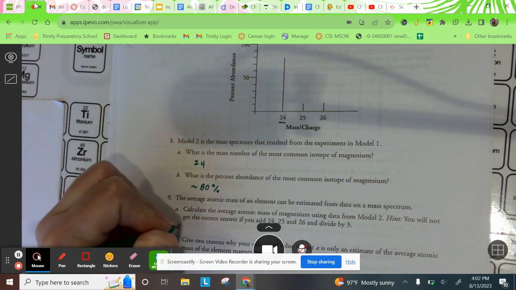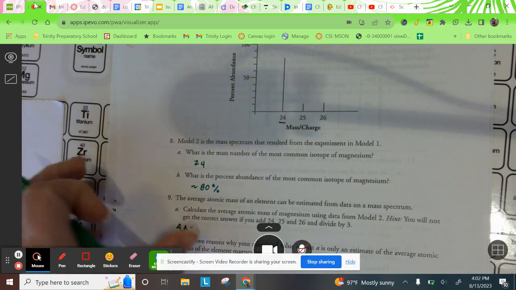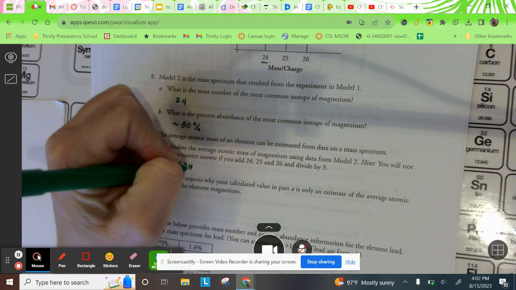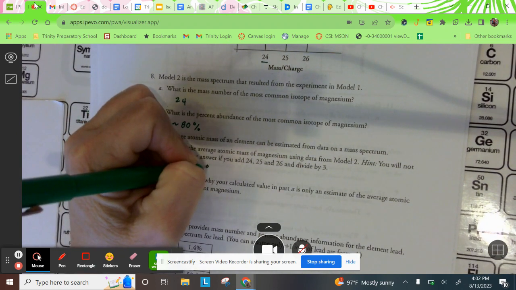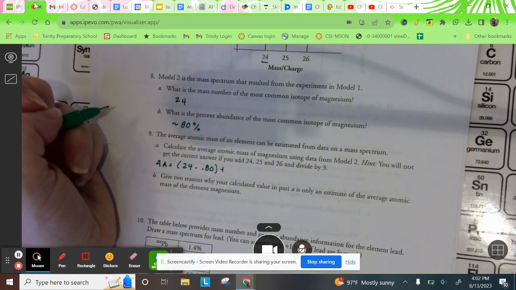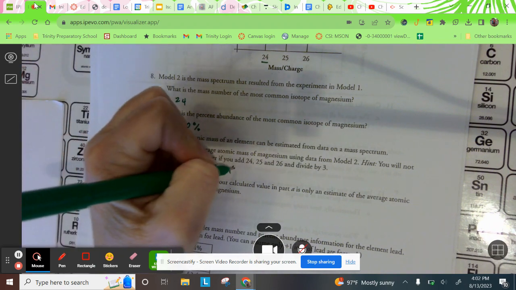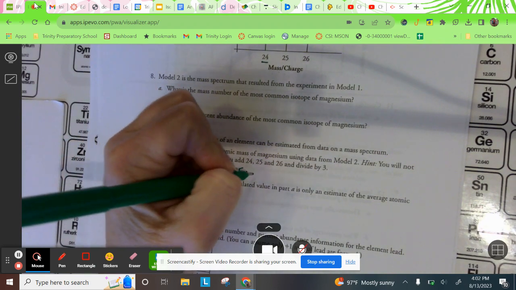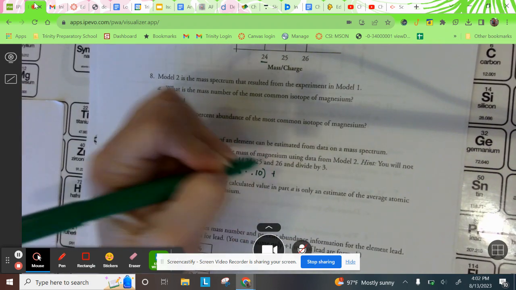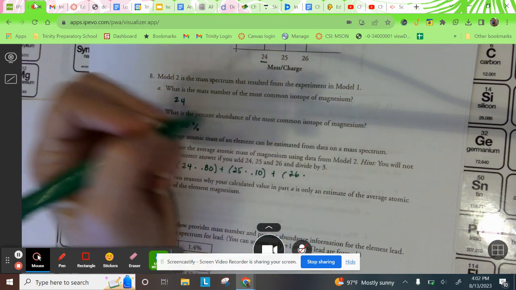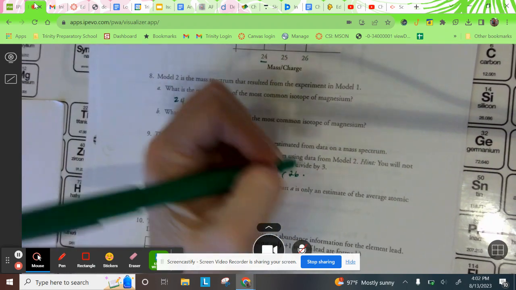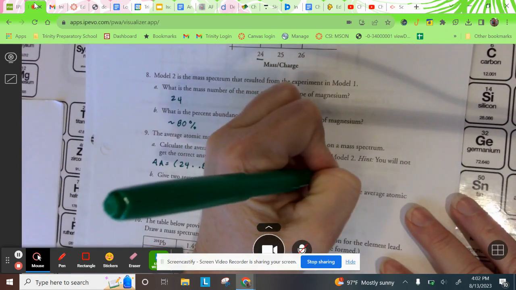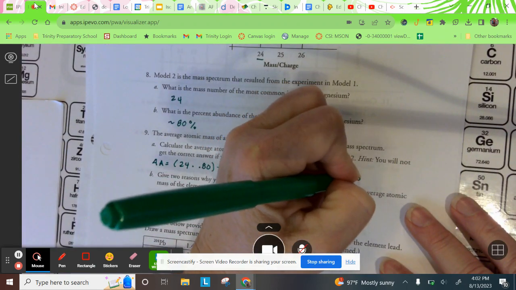So I'm going to say average atomic mass is equal to, let me move this up so you guys can see it, 24 times, we just said it was 80%, so I'm going to put 0.80 plus the next one is 25, and it looks like it's about at 10%, so I put 0.10 plus, and then 26 looks like it's at about, it's got to be a little higher than 10, so I'm going to say 12%. So if I multiply all those out, I get 24.82.